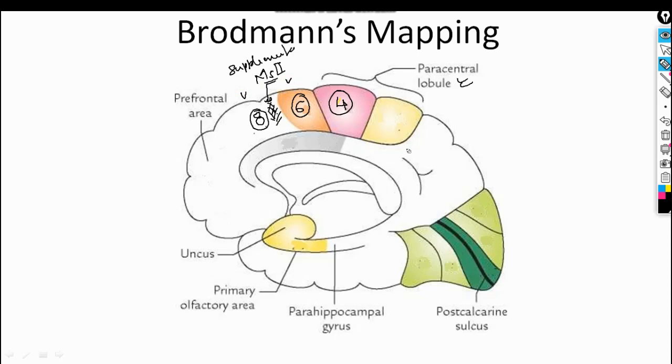And posterior to this paracentral lobule, here we see the area number 3, 1 and 2. As I've said earlier, this is numbered from before backward. So this area is the primary sensory area.